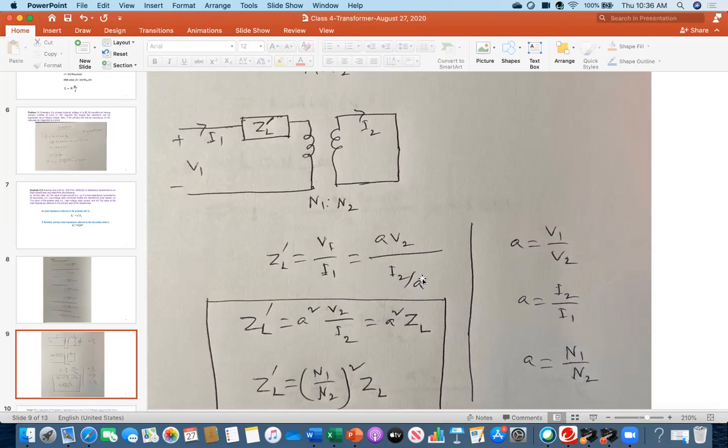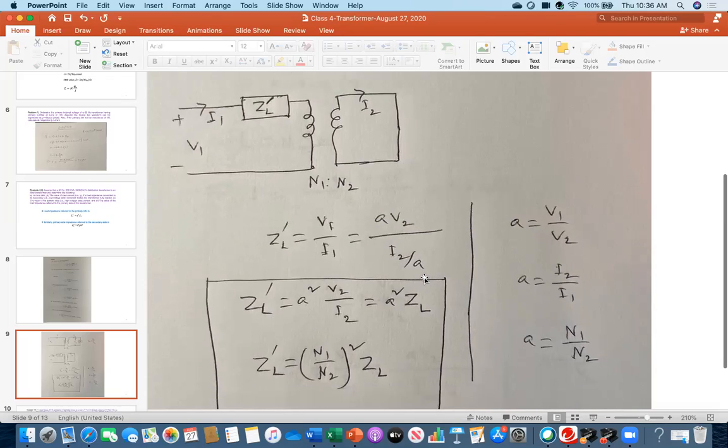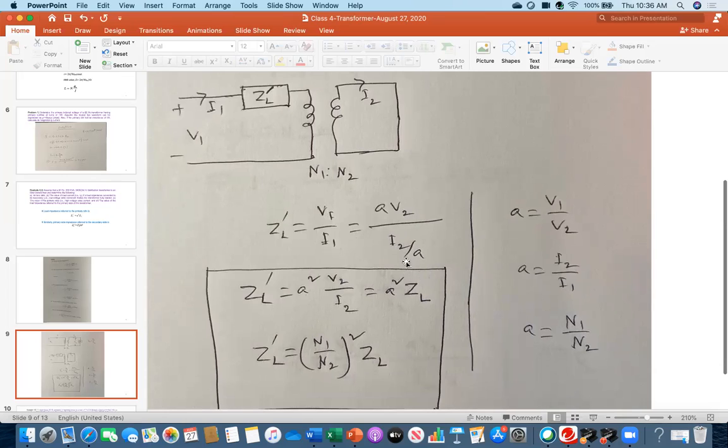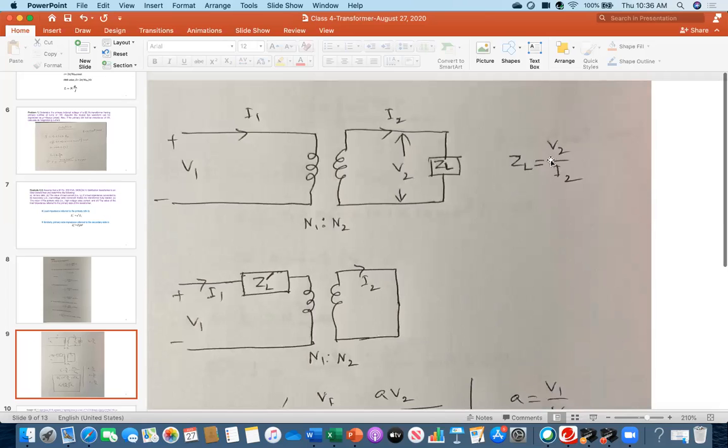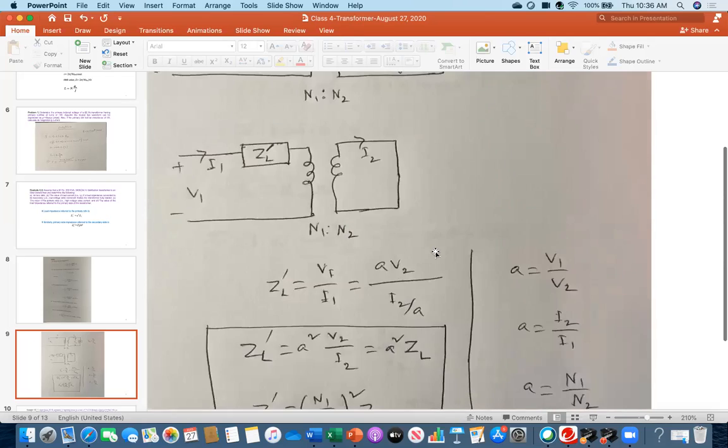I1 is I2 over A. Now see what is happening in the calculation. This A goes to the numerator, so it will be A squared. That's why ZL prime is A squared V2 over I2. What is V2 over I2? Initially we defined V2 over I2 as ZL, the load impedance.